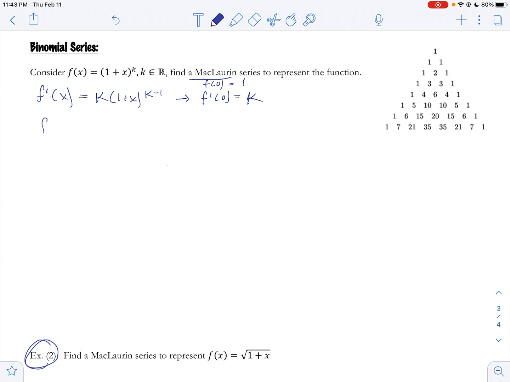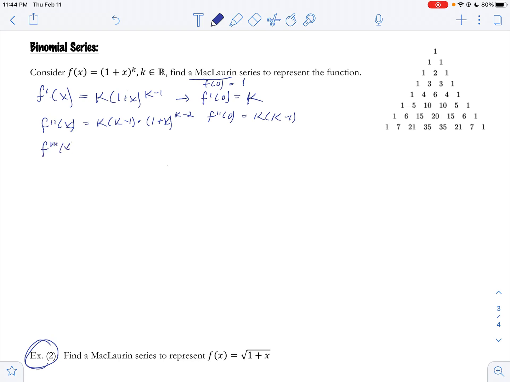Okay. So f double prime of x, we're going to bring that k minus 1 down, and then times 1 plus x to the k minus 2. So when I plug in 0 to that, I get k times k minus 1.